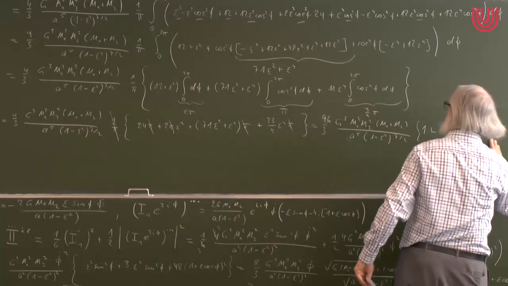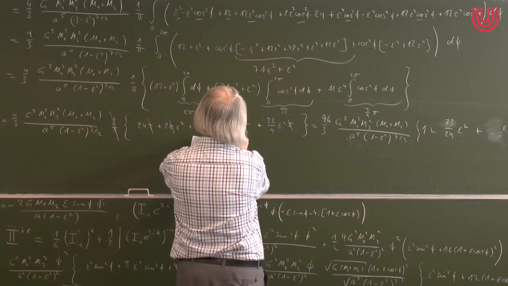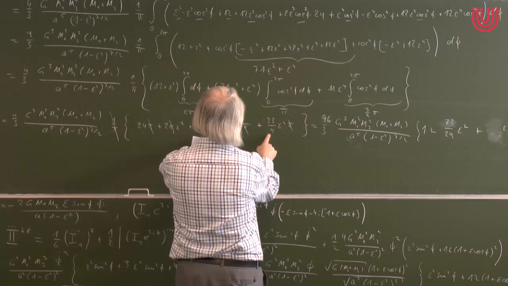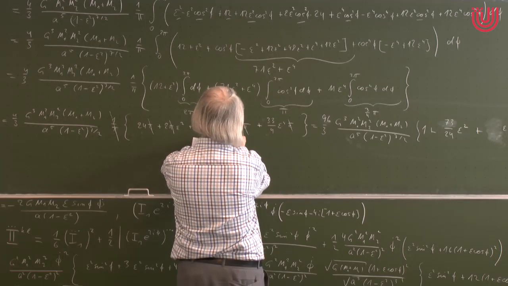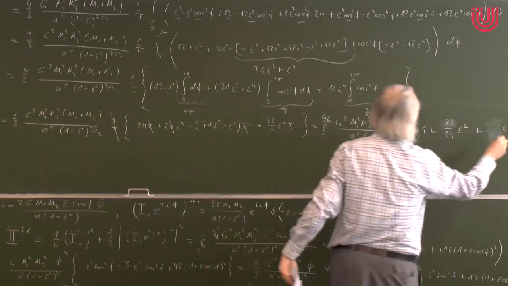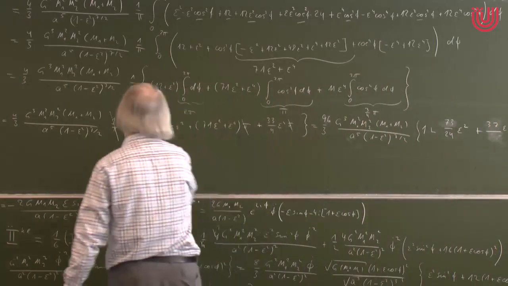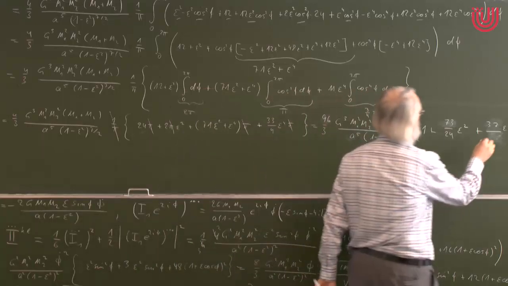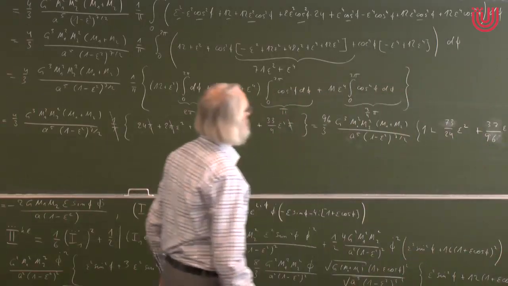Yeah. Wait a minute. Let me do it slowly. So here I have 1. If I put this on a common denominator, then it becomes a 4, right? 4 divided by 4. 4 plus 33 is 37. And then I have a 4 in the denominator. 4 times 24 is 96. Okay, that's it. And that's the correct result.